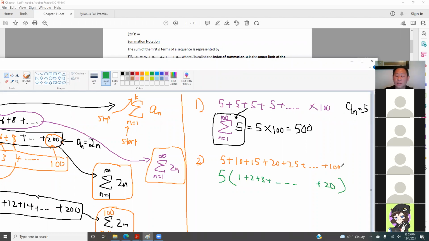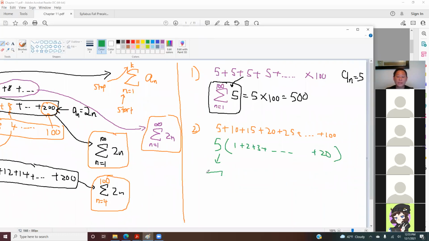Because 5 times 20 is 100. So how do we write the summation for this? The summation in this case is you start from 1 and you go to 20 because the n number is 20, and this is 5 times an. Since this an starts with 1, 2, 3, this is just n. So this is 5 times n.